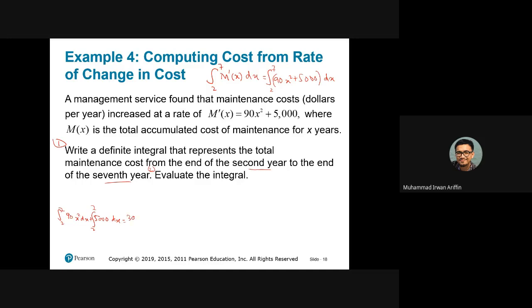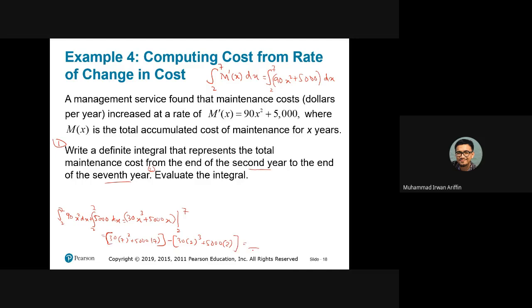So 30x to the power of 3 plus, there is no x here, so this is a constant, so we simply add x, divided by 1. And this whole thing, we're going to evaluate from 2 to 7. So you simply need to substitute: 30 times 7 cubed plus 5,000 times 7, in square brackets, minus 30 times 2 cubed plus 5,000 multiplied by 2.